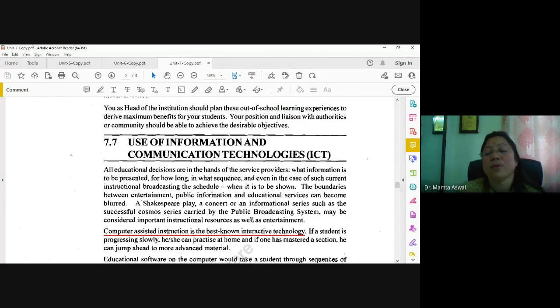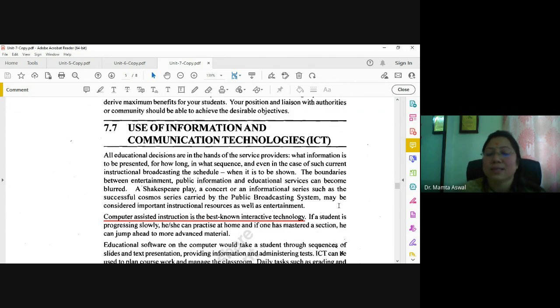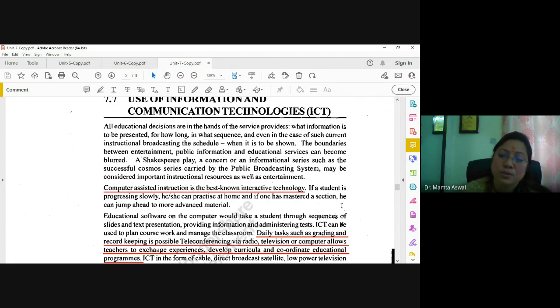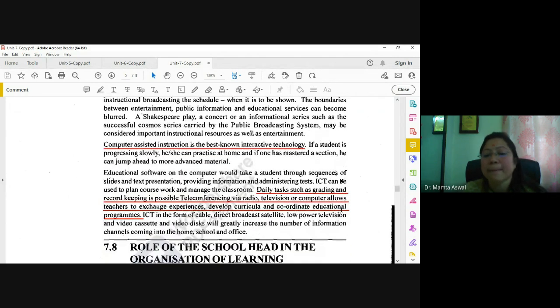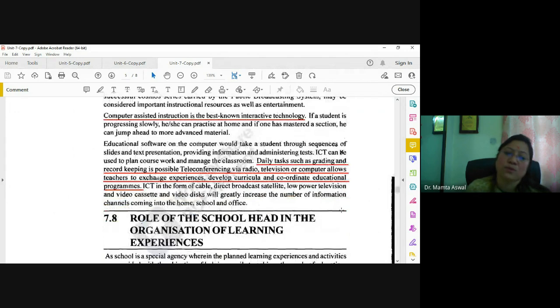Since the time of COVID it has been in use, but before that also, ICT was of very importance, but the users have increased since then. So making use of ICT, training the students in ICT, and making use of different softwares whereby the student can make use of those softwares.